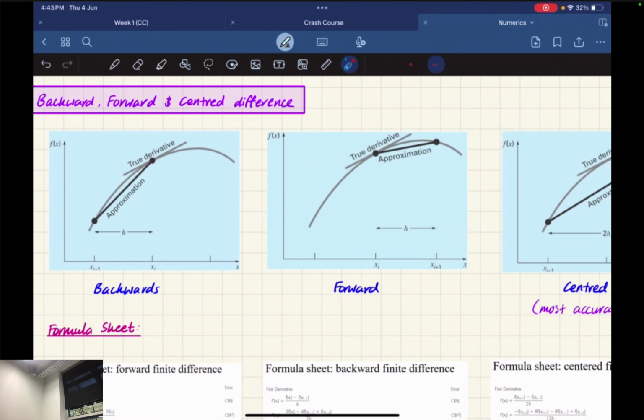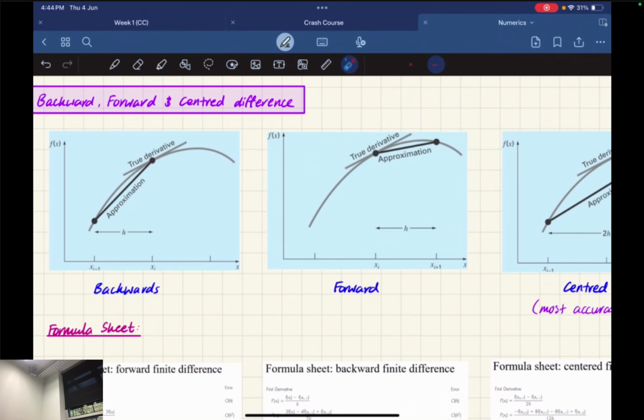The true derivative, the gradient at this point, is like this. Let's say now the gradient at that point is good. Right?